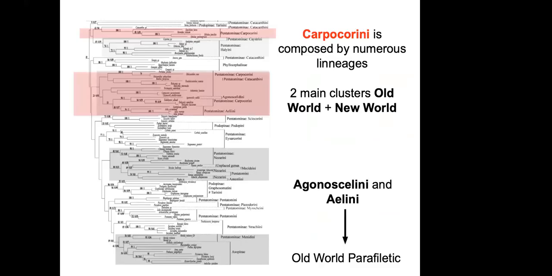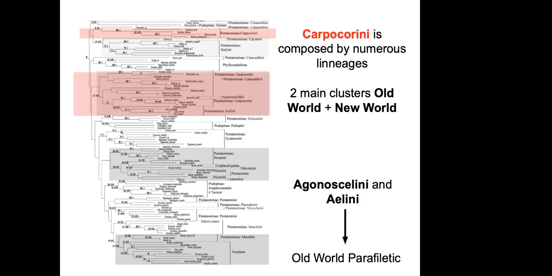On the other hand, Carpocorini, which is one of the biggest groups within the Pentatomidae, is composed of multiple lineages. We can find two main clusters, one corresponding to the Old World and the other to the New World.